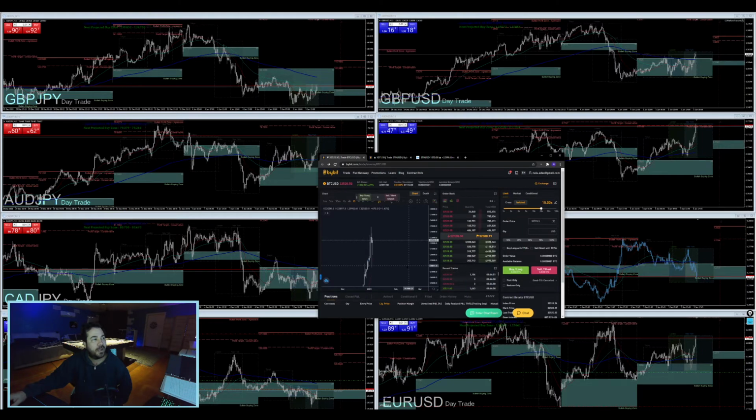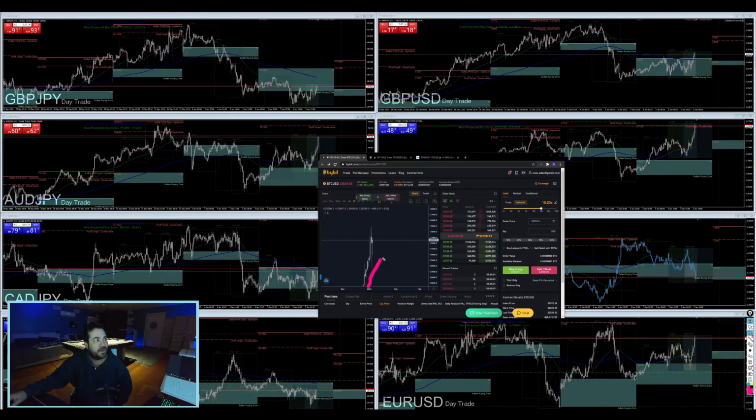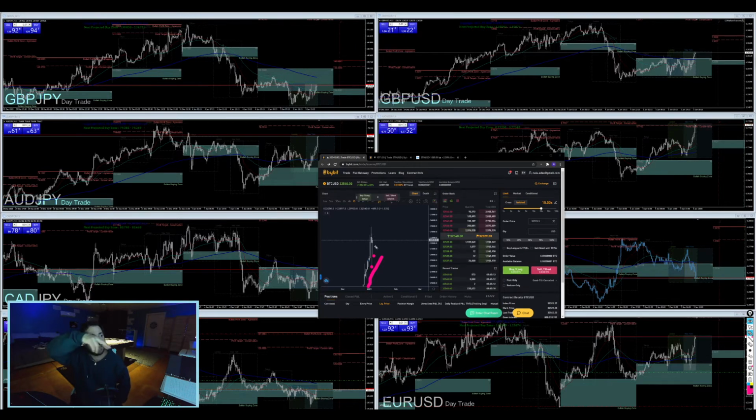And this is Bitcoin on the daily chart, and you can see here this is my 21 moving average, and it's just skirting these candle wicks right here. These long candle wicks are like legs, and they're walking.